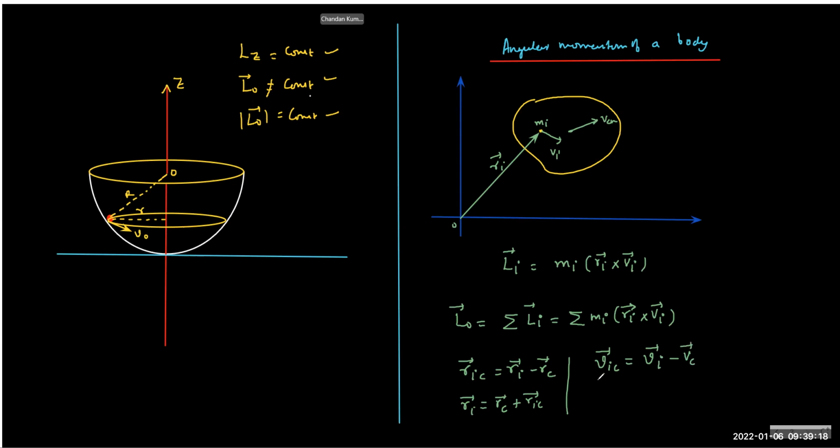And why am I writing like this? Because Vic, if you take any point in a body and try to see the velocity of any other point, then it will be circular motion. So we can write it as omega cross Ric. This is from the velocity analysis, if you remember, and if you don't, it's okay. So Vi turns out to be Vic plus Vc.